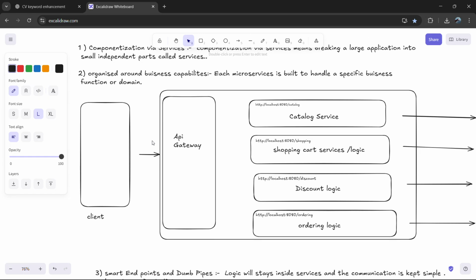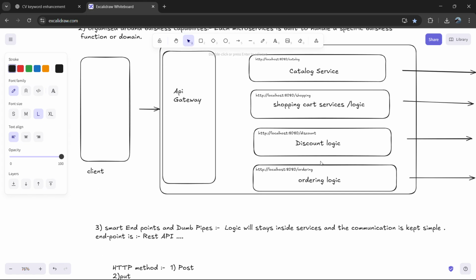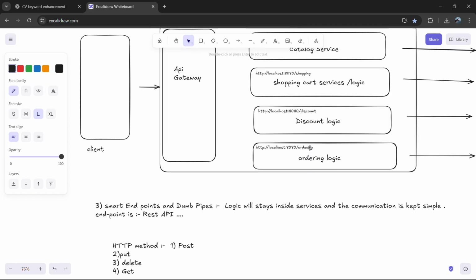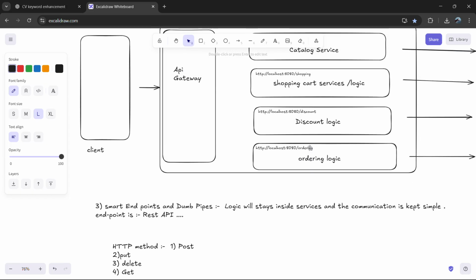Actually, what happens is that you are creating different services for different purposes. You are creating a catalog service, you are creating a shopping cart independently, you are creating discount logic. So there is a chance of failure.